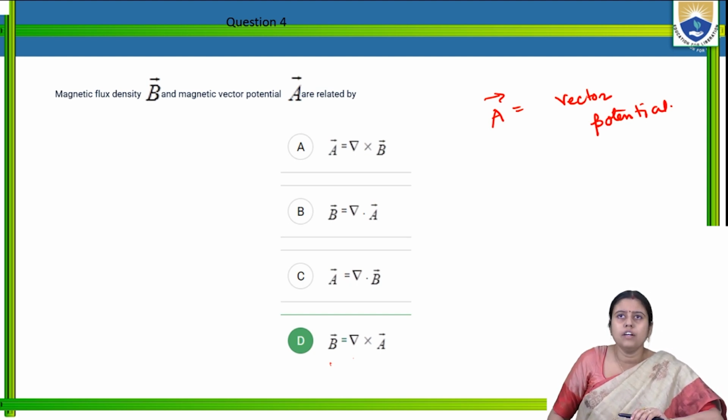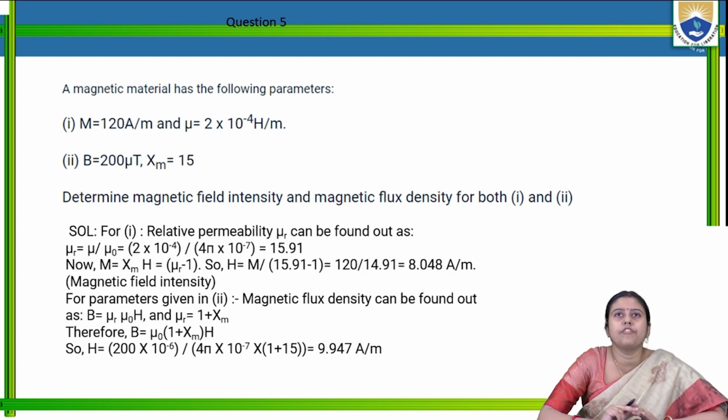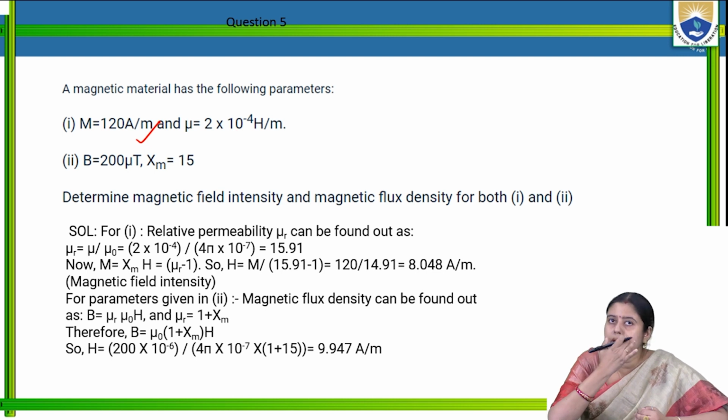We are moving to question number 5. A magnetic material has the following parameters. M is equal to 120 ampere per meter, and the permeability mu is given as 2 into 10 to the power minus 4 Henry per meter.